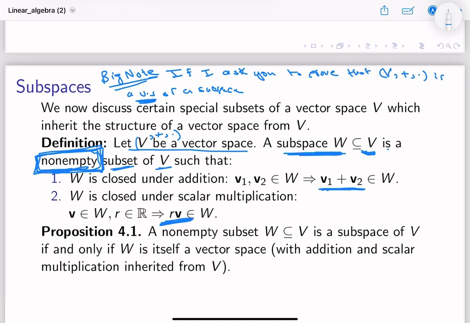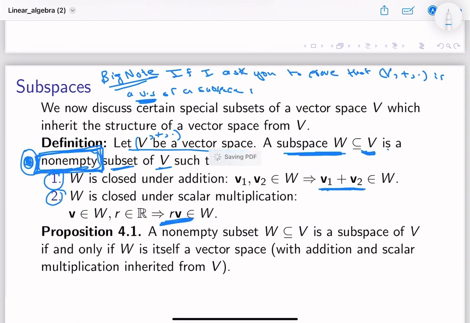Now if I give you a set with two operations and I ask you whether or not this is a vector space or whether or not this is a subspace of another vector space, you only need to check that it's non-empty. This is property, let me call it property 0. Property 1, it's closed under addition, and property 2, it's closed under scalar multiplication.